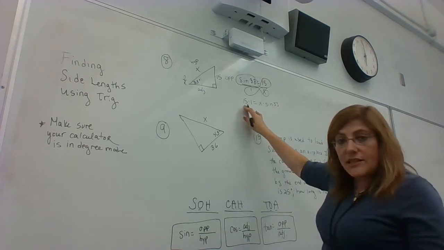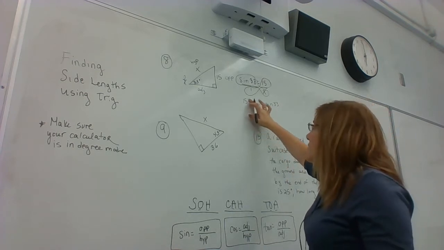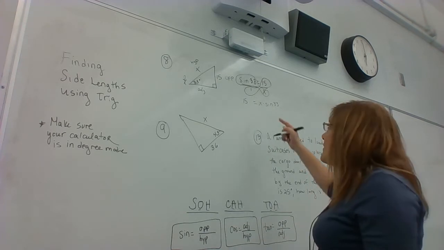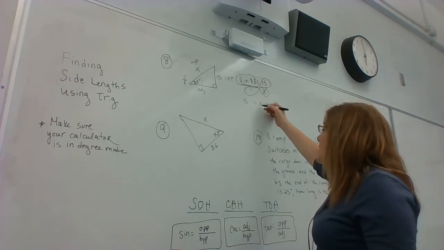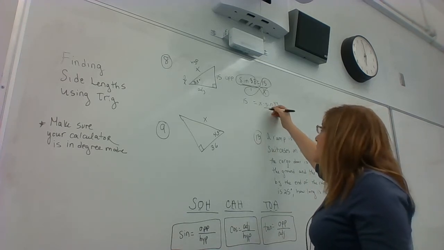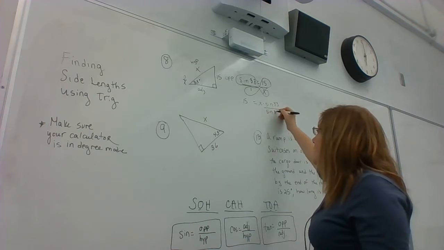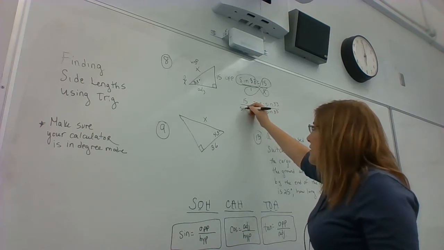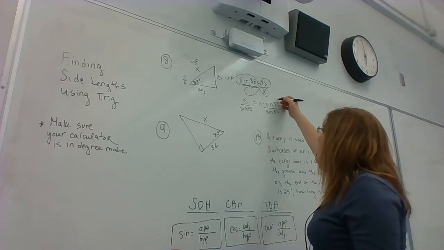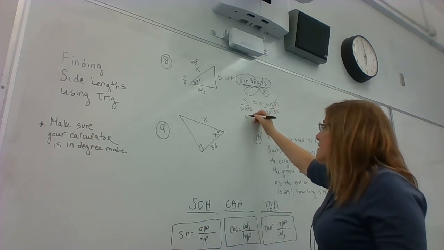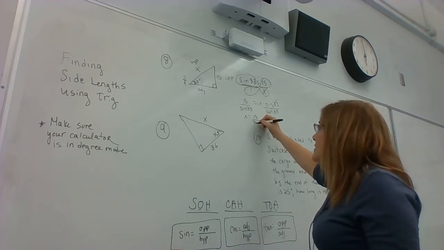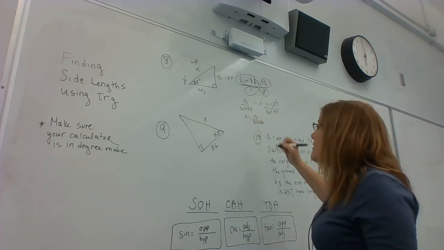We know 15 times 1 is just 15, so we don't even need the 1. To get the x by itself, it's multiplied by sine of 33. We have to divide it by sine of 33. Then this cancels and you get x equals 15 divided by sine of 33.